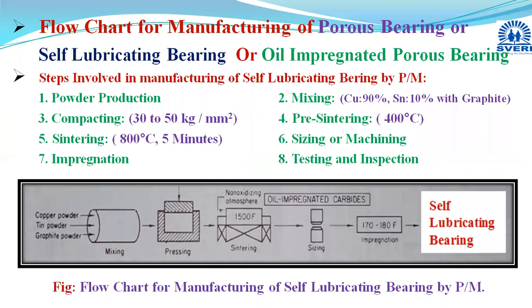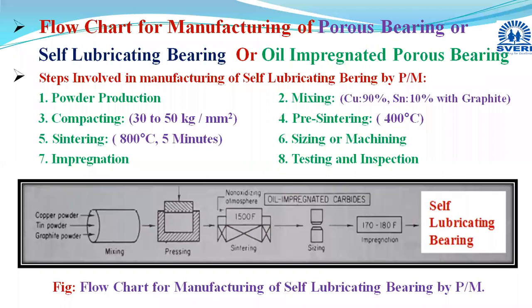Then that green compact is subjected to the sintering stage. We heat the component at a high temperature for a few minutes to a few hours, depending on the composition of the material and the desired shape and size. Sintering is completed in three stages: diffusion, densification, and recrystallization and grain growth.